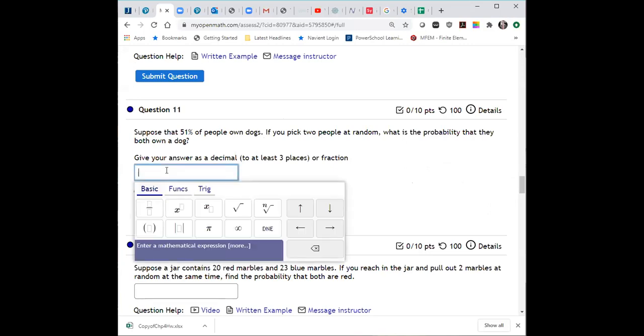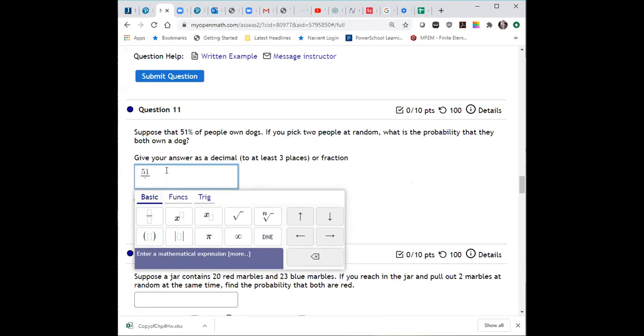You can change it to decimal and put at least 3 decimal places. That means you can also put it in fraction. If you put it in fraction, you have 51 over 100, right?